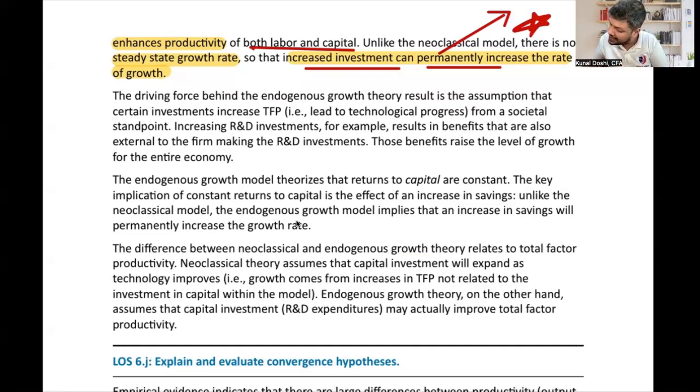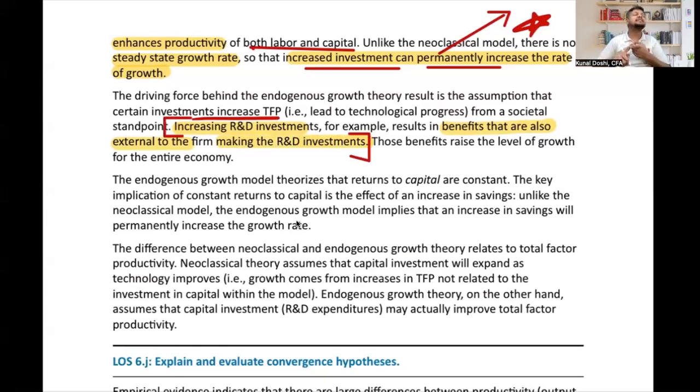The driving force behind the endogenous growth theory result is the assumption that certain investments increase TFP. Yes. From a societal standpoint, an increase in R&D, for example, results in benefits that are also external to the firm making the R&D. What does it mean?